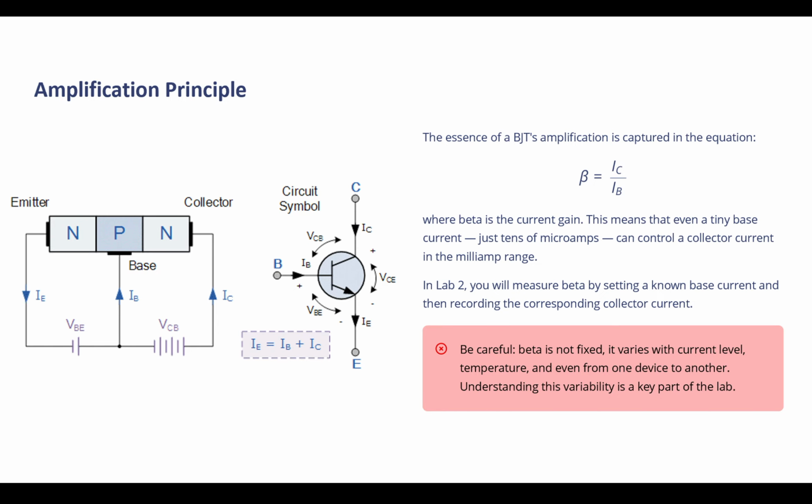Now, when I said that the currents of the collector and emitter, we can approximately say they are equal, I meant that actually they are not. And why is that?